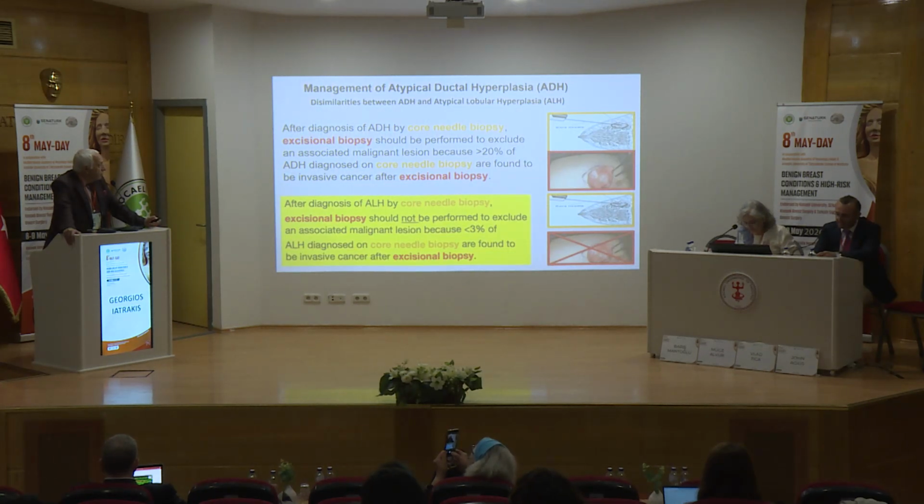As I said before, after diagnosis of ADH by core needle biopsy, we need an excisional biopsy because we'll discover in more than 20% after this surgical step that it wasn't just ADH, but it was an invasive cancer.